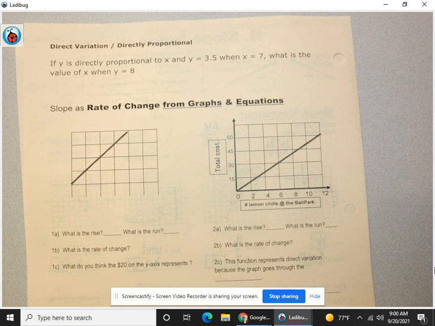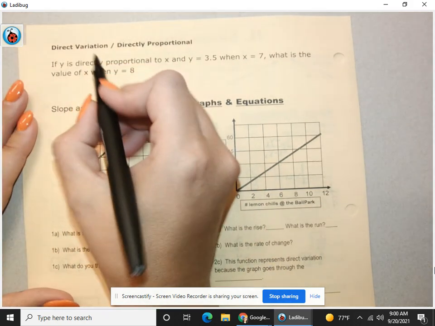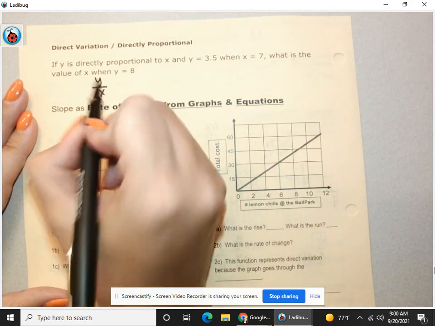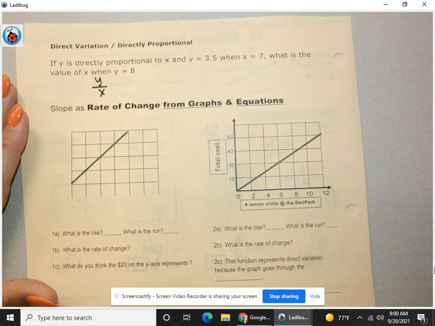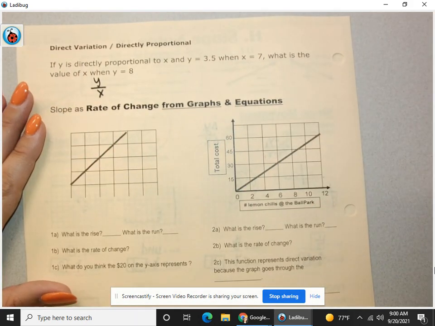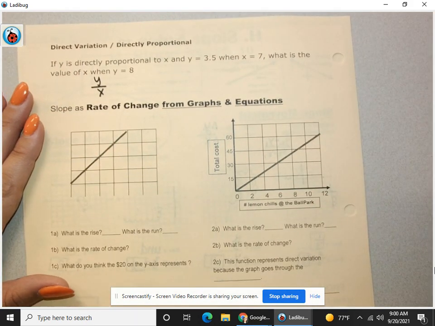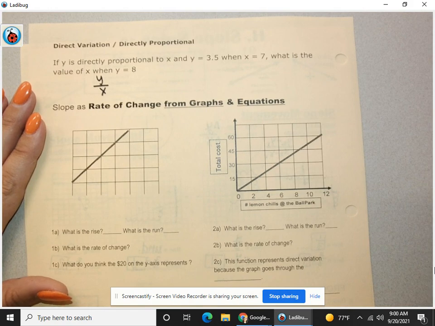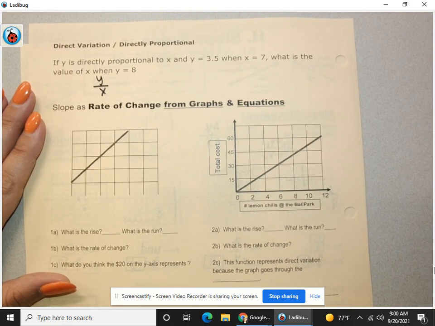So, if y is directly proportional to x and y equals 3.5 when x equals 7, what is the value of x when y equals 8? Remember on the other side we talked about it's really like y over x. We can do the same thing here because we know they're directly proportional, so they're going to end up being equal to each other.